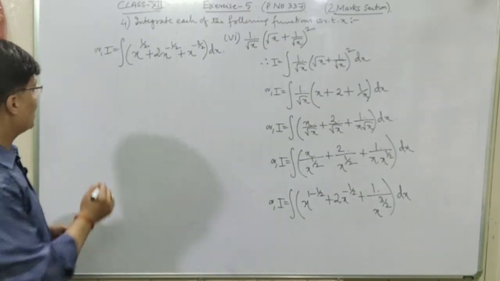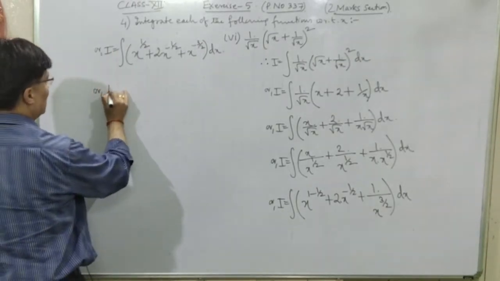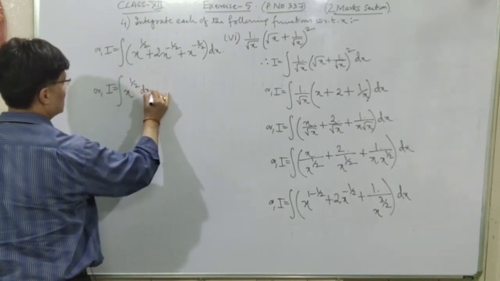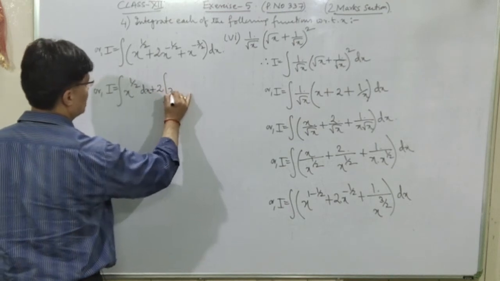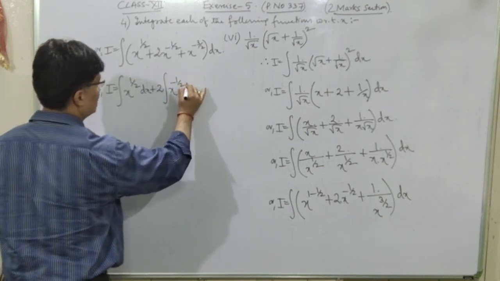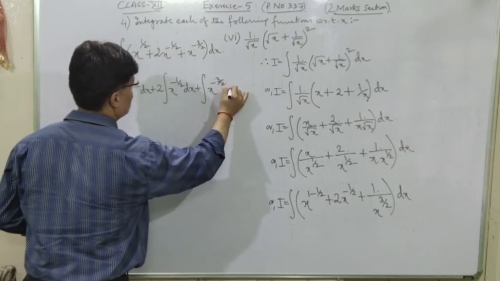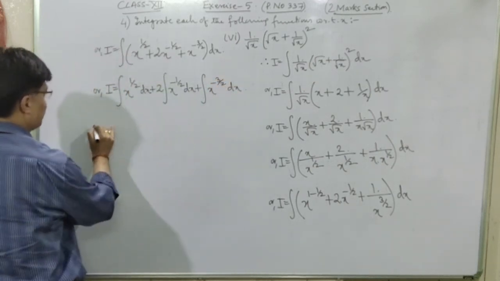Okay, now you have to separate the terms. Now let us separate. I is equal to integration of x to the power half dx plus 2 integration of x to the power minus half dx plus integration of x to the power minus 3 by 2 dx.